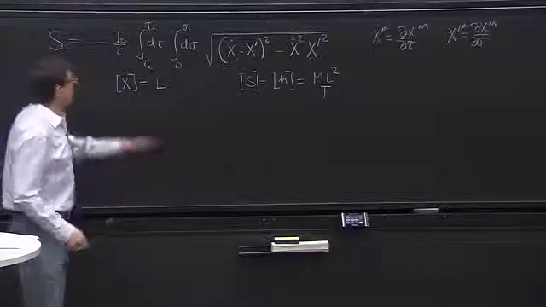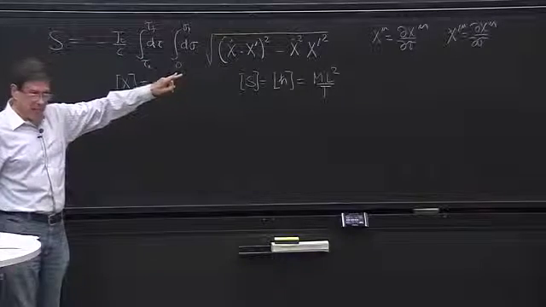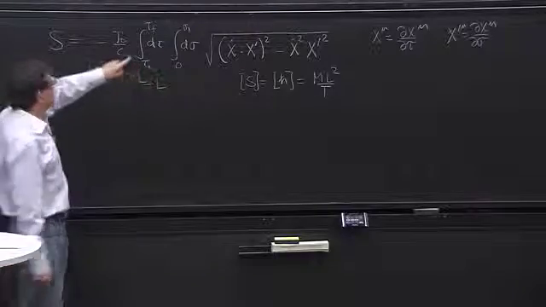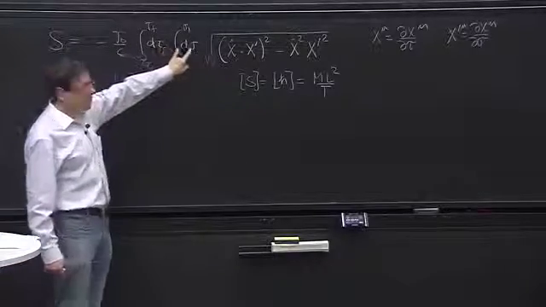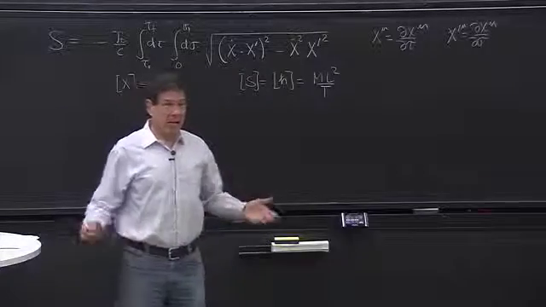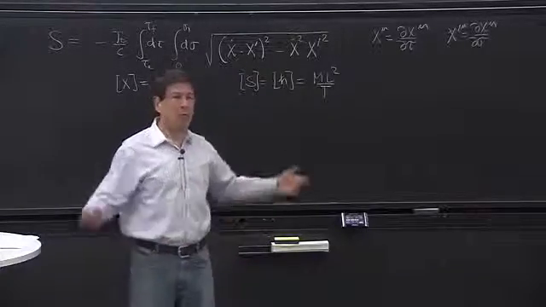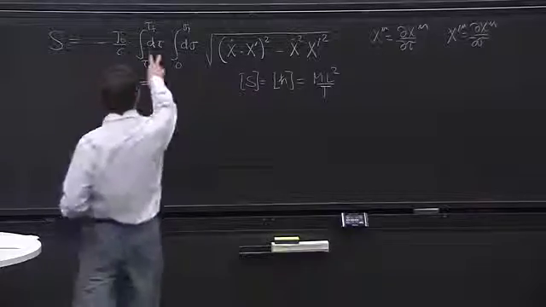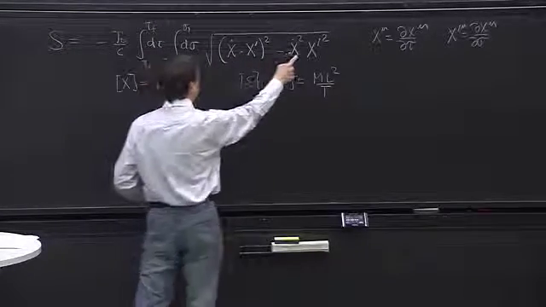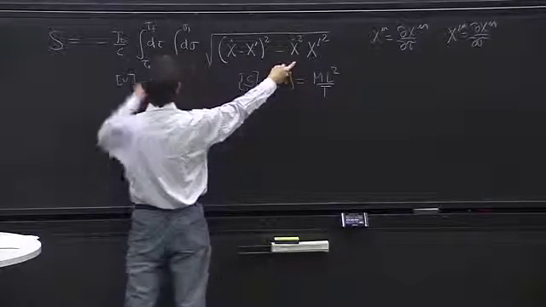Now, it's a nice fact, perhaps related to reparameterization invariance as well, that the units of tau and sigma do not matter. They could be length, time, or whatever, but you have a d tau here, and you have two d taus here, and two d taus there, so they cancel.